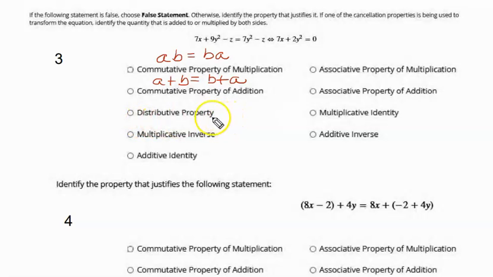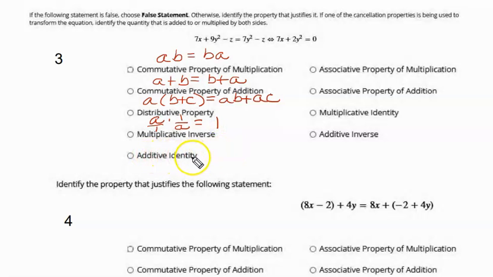The distributive property, where we have, let's say, A times the quantity B plus C becomes AB plus AC. The multiplicative inverse. This is where we have, let's say, A times 1 over A. That is its reciprocal, so that the product of this is 1.